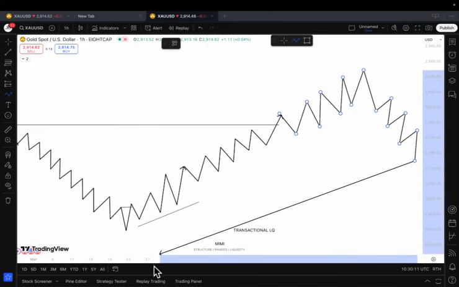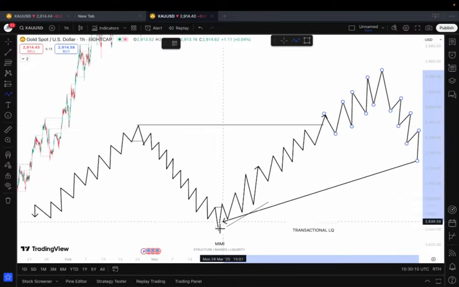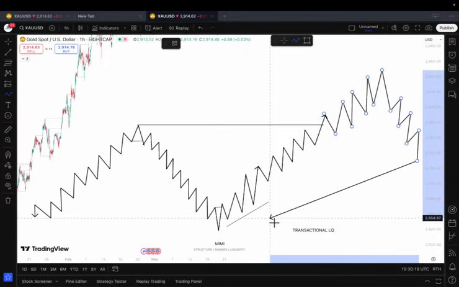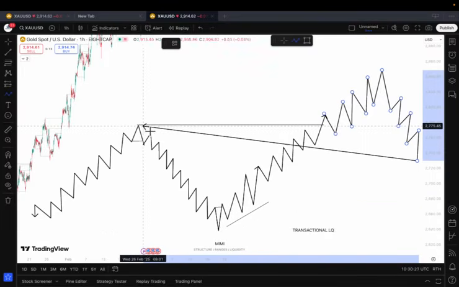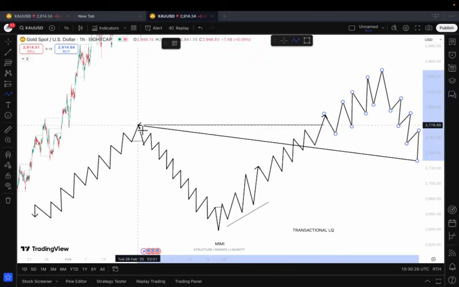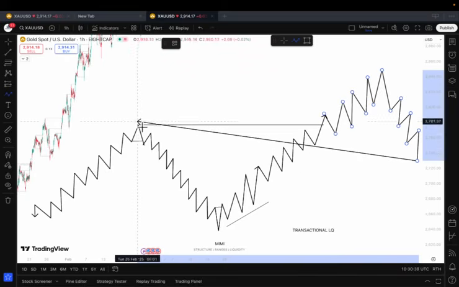But because this range low took out this high, it means that this range low is a good point to buy directly from. Why? Because it completed its circle. It took out a strong point. This was a strong point before, and it made it weak, making this point strong and this point weak.